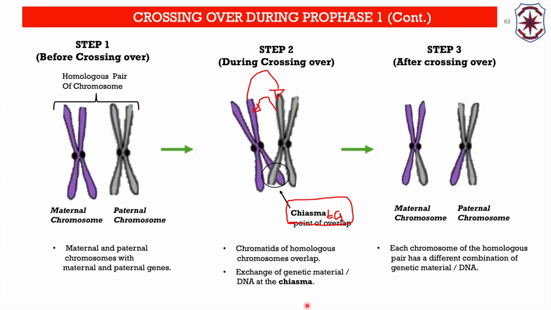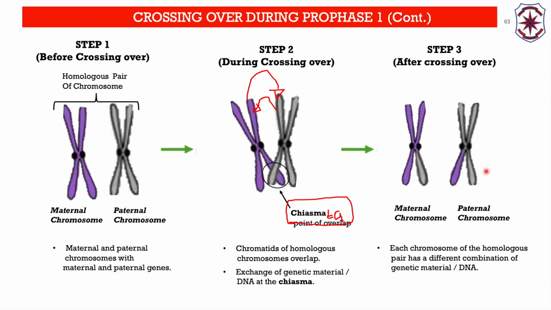And the answer to that, we said that chromatids of homologous chromosomes will overlap. There will be an exchange of genetic material or exchange of DNA at the chiasma. Okay? Now, each gamete after meiosis will receive a different combination of chromosomes with different combinations of genetic material.